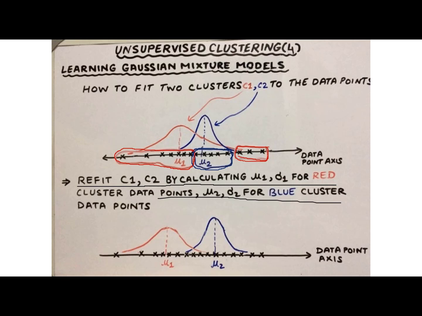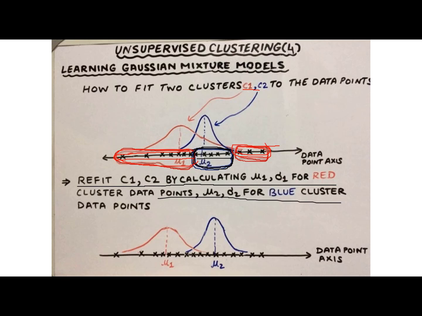If these data points belong to the blue cluster, then the mean of the cluster should be consistent with the statistical mean of these data points. Similarly, if all these red data points belong to cluster C1, then the mean of the red cluster should be equal to the statistical mean of these red label data points that we have just assigned.